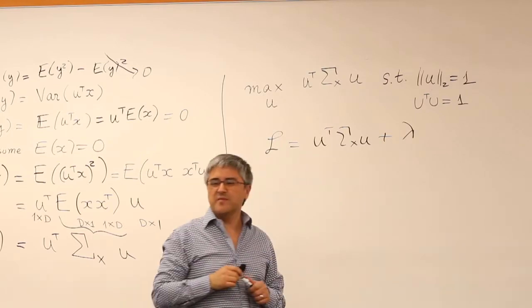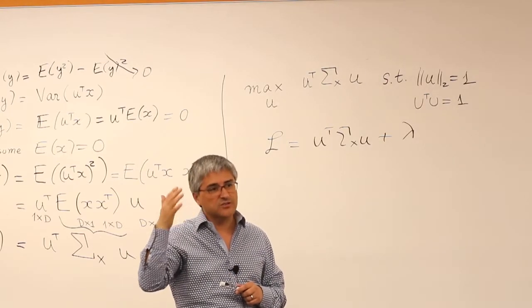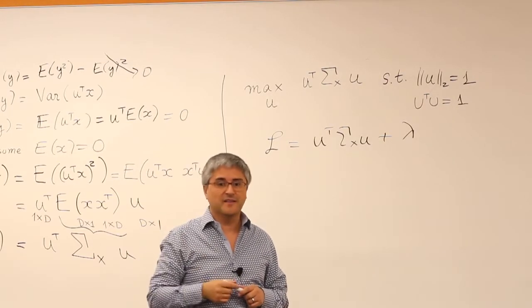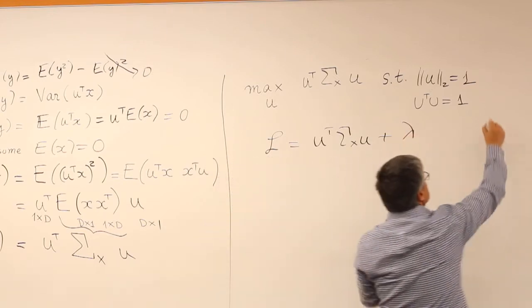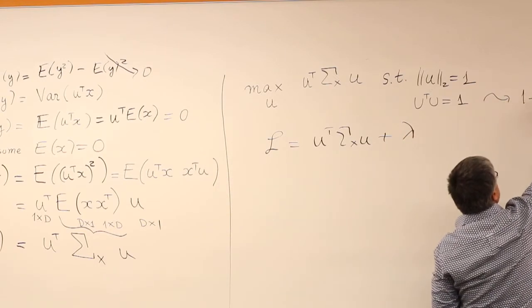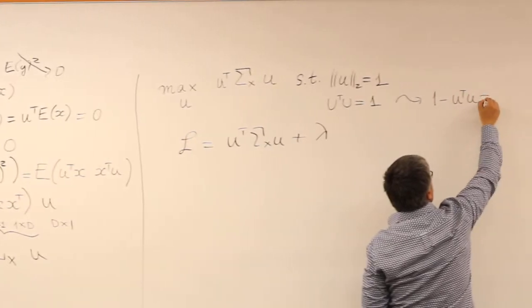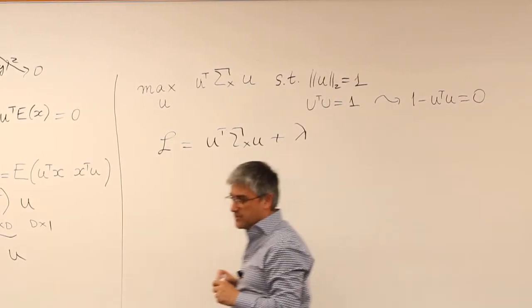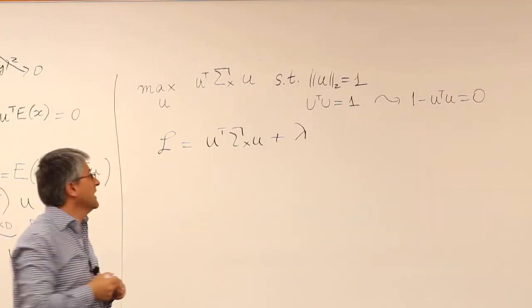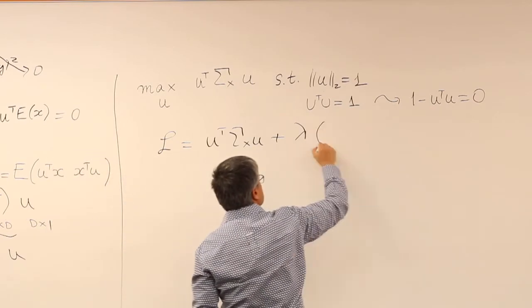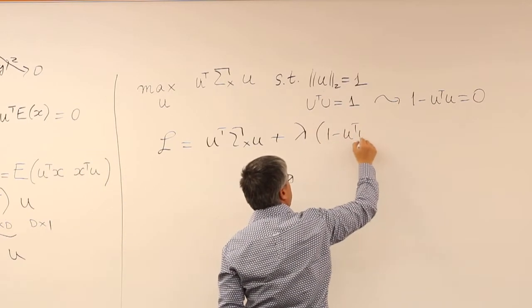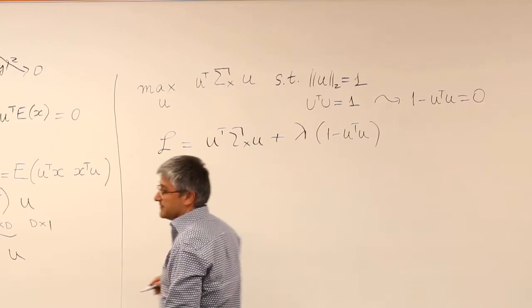Except that you have to remember that the constraint is to be equal to 0. So I write it as equal to 0 before I get started. And so lambda times the constraint is really that.